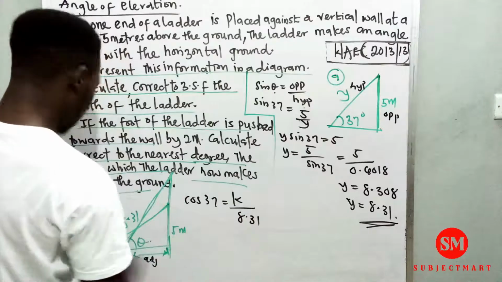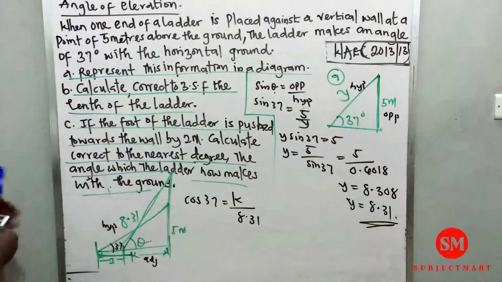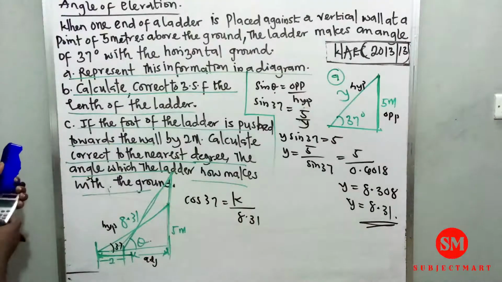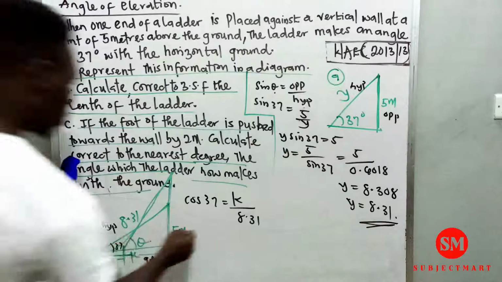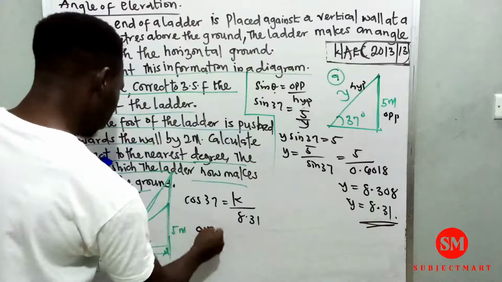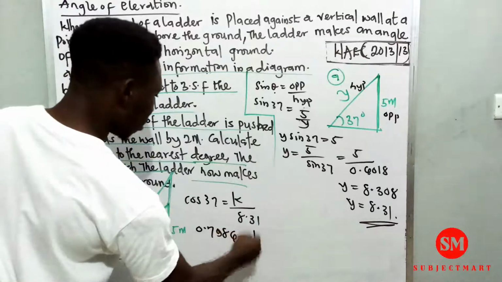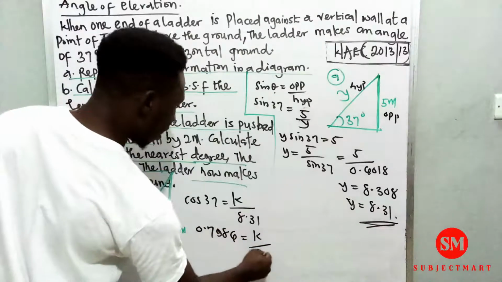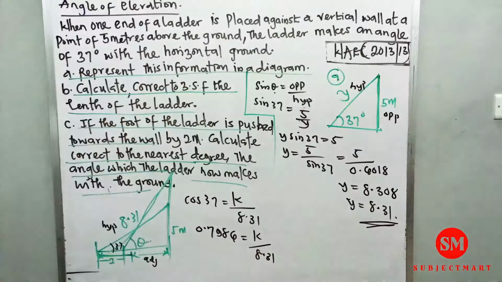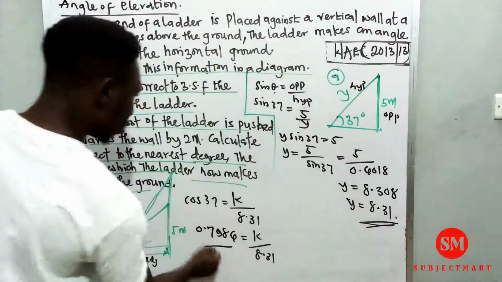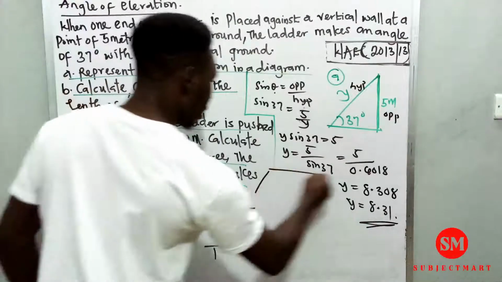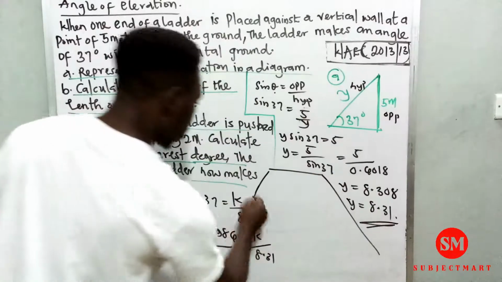8.31. Now, our cos 37, what is cos 37? Cos 37 is equivalent to 0.7986, which is equal to k over 8.31. So at this junction, we cross multiply.